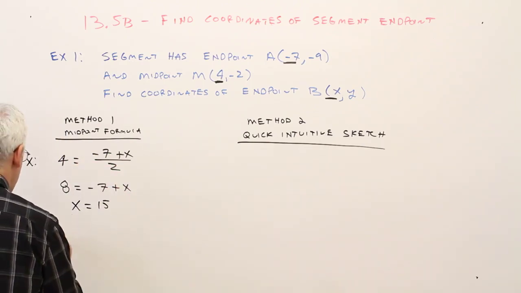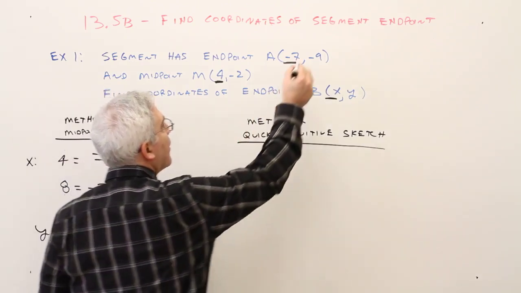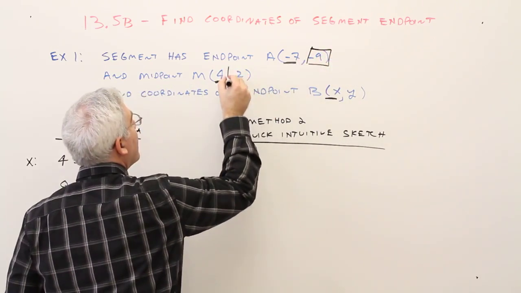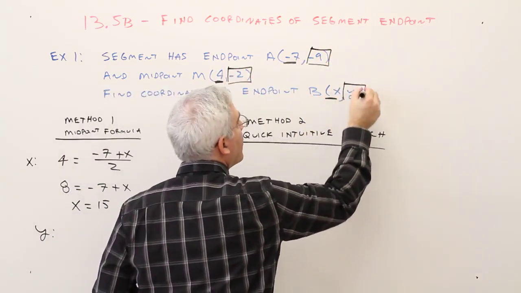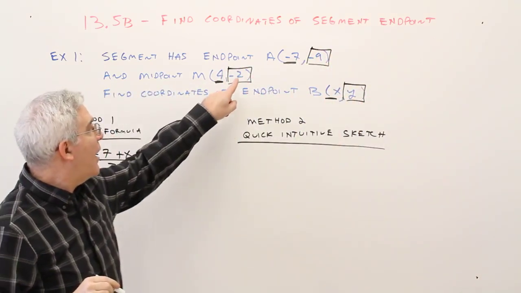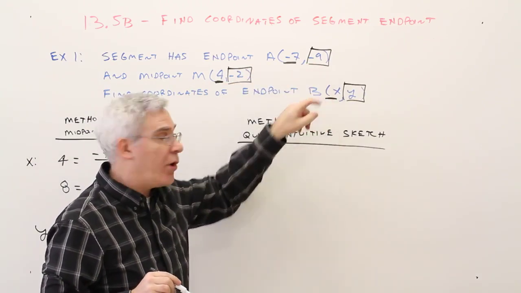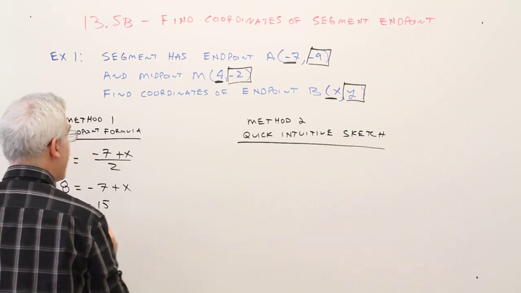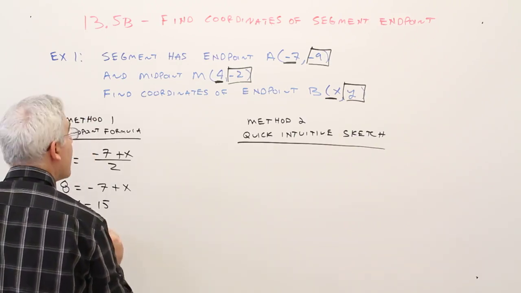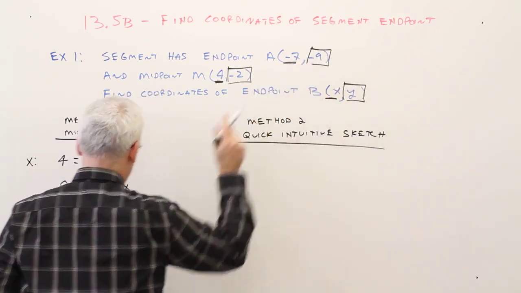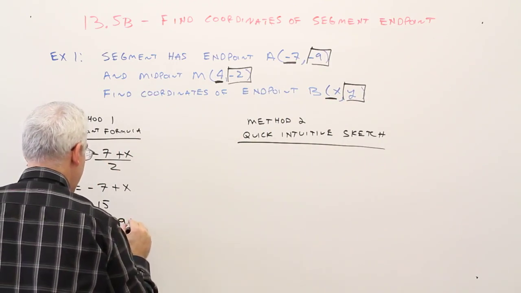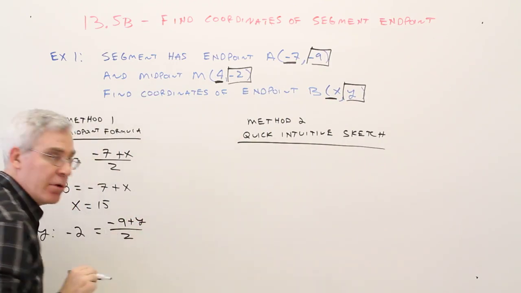So for y, here's a y value, here's a y value, and here's a y value. Again, that midpoint y value is the average of those two endpoints. So I'll say -2 equals (-9 + y)/2.